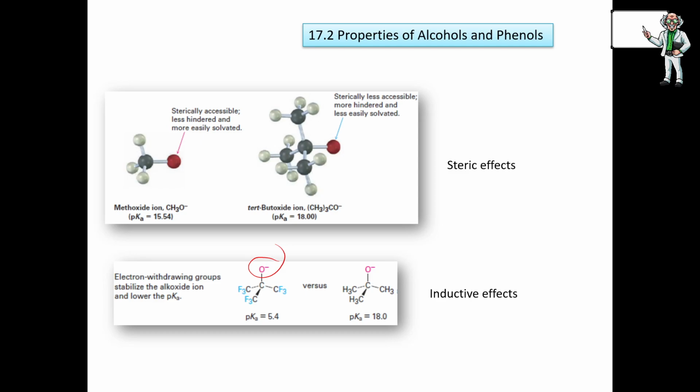And the number of electronegative atoms is important, but also where these electronegative atoms are. That means the closer they are to the oxygen of the alcohol, the more effect they will have.